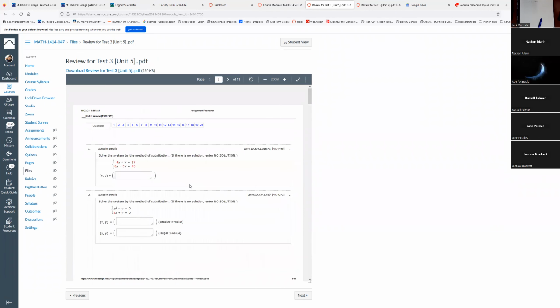So let's get started with the first one. Number 1, solve the system. It does say elimination, but I'm not going to require anything specific, and just either show me the work or don't. Just make sure it's right if you don't show me anything for exam 3.